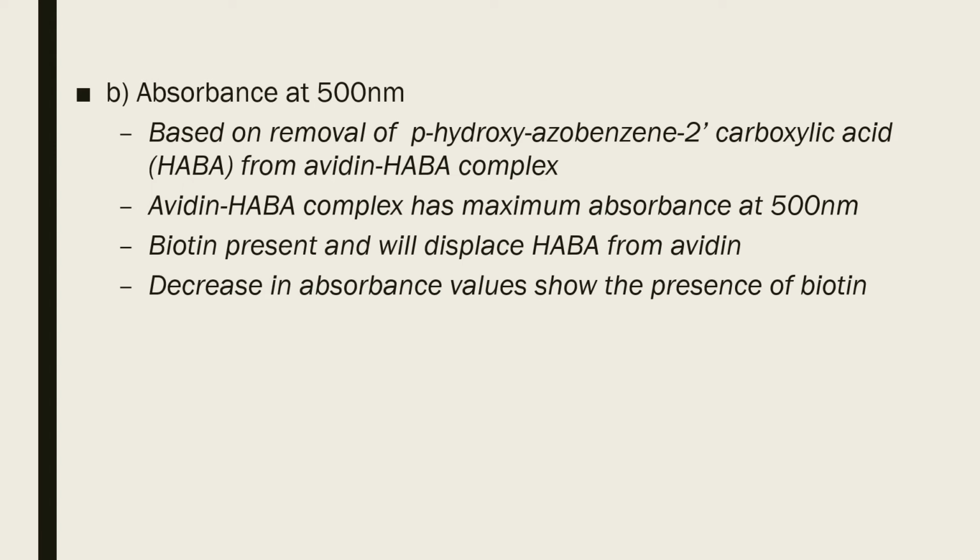Avidin HABA complex has maximum absorbance at 500 nanometer. When biotin is present, avidin has stronger affinity with biotin. Biotin will displace HABA from avidin and form avidin-biotin complex. The decrease in absorbance values at 500 nanometer shows the presence of biotin.